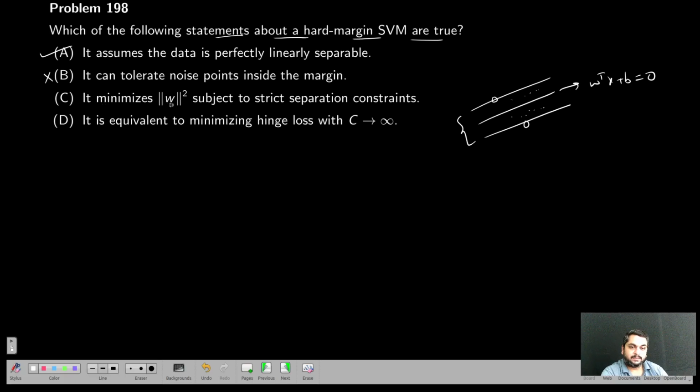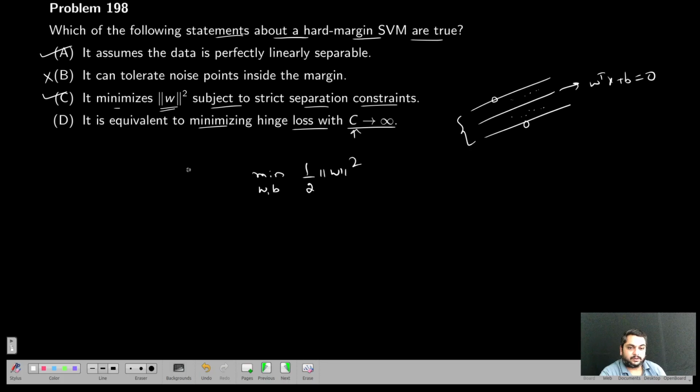It minimizes W square, that is the weight, subject to strict separation constraint. Again, the separation constraint is required, and it minimizes this. So what are we minimizing? We are minimizing 1 by 2 W square. This is what is minimized to obtain optimal W and B. It is equivalent to minimizing hinge loss as this hyperparameter C, the penalty hyperparameter, approaches infinity.